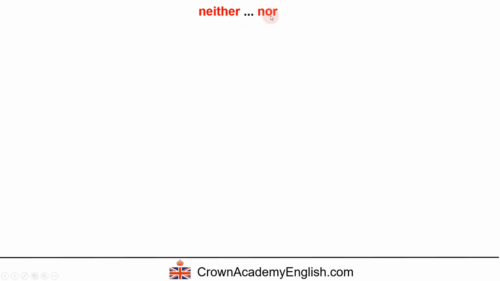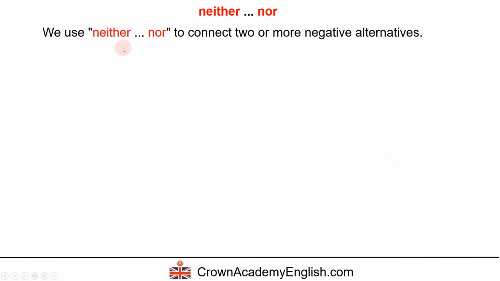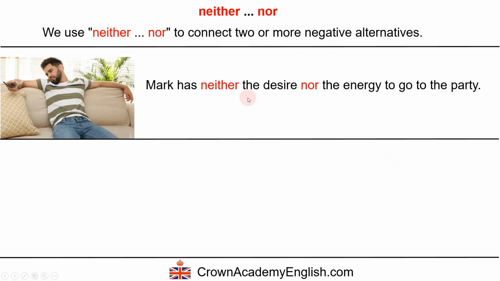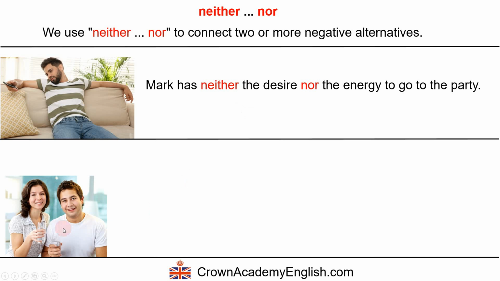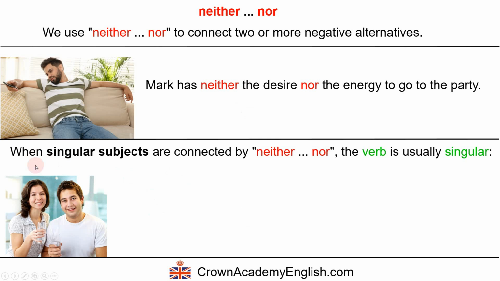Neither something nor. And we use neither nor to connect two or more negative alternatives. So Mark has neither the desire nor the energy to go to the party. So he's tired and he doesn't want to go. And we're using the same example, and when singular subjects are connected by neither nor, the verb is usually singular.